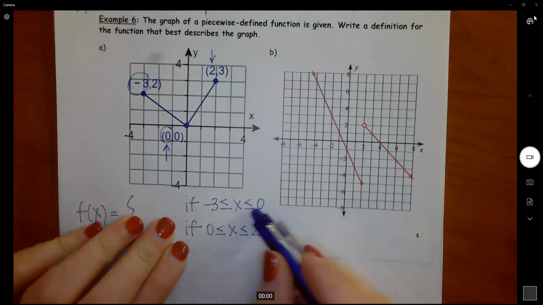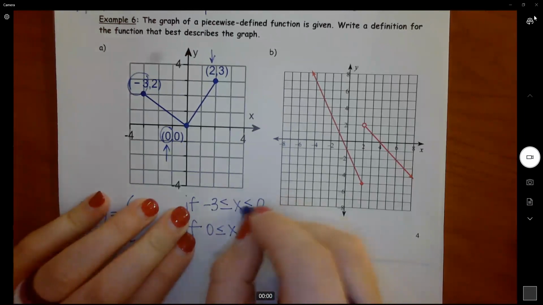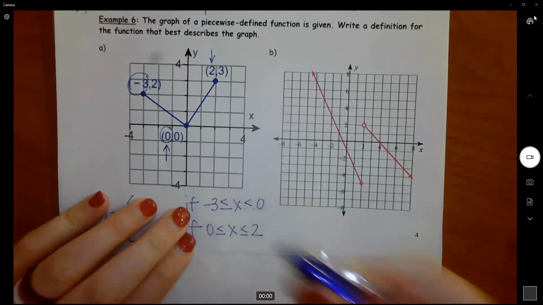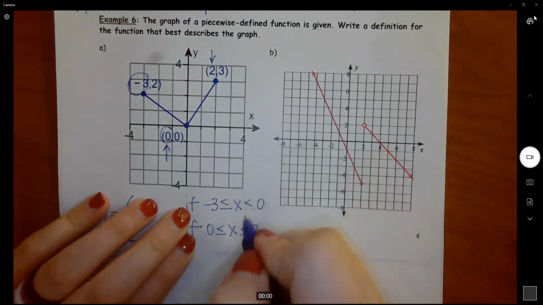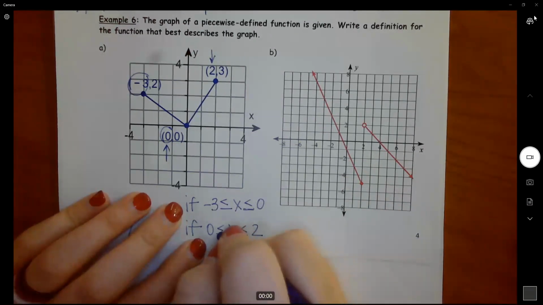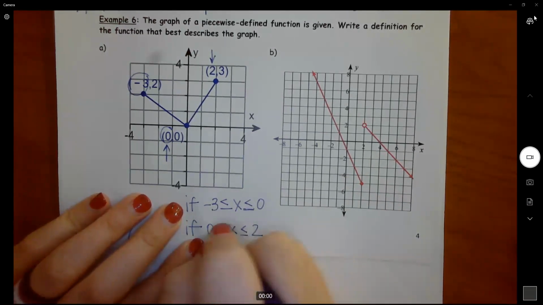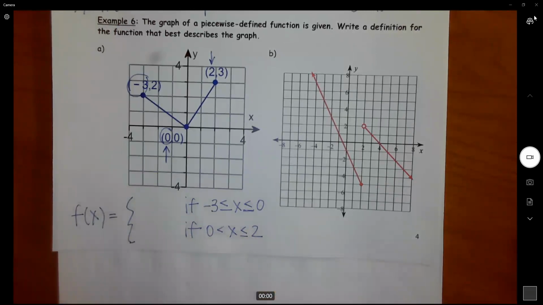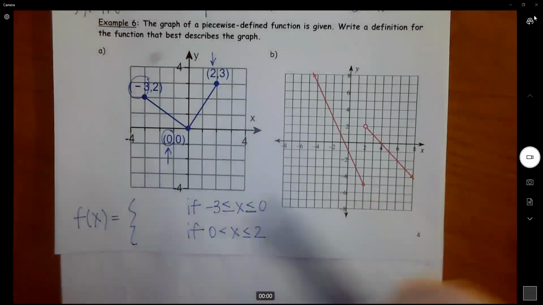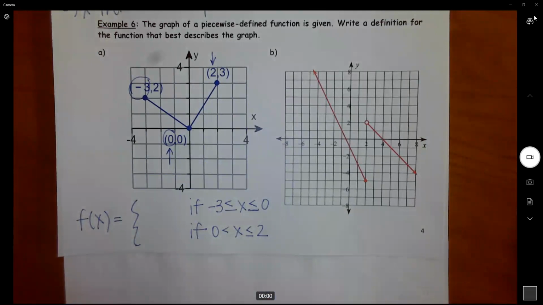If you want to take this one away and make this one just less than 0, then that's fine. But I'm going to take it away from here. Because it's going to share the same spot, it really doesn't matter which one is which. Okay. So that's the easy part.